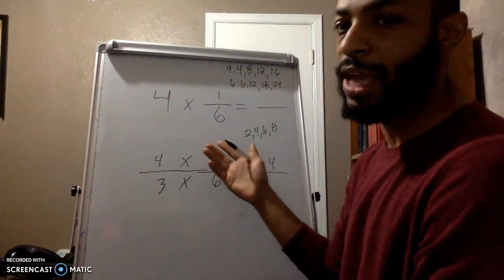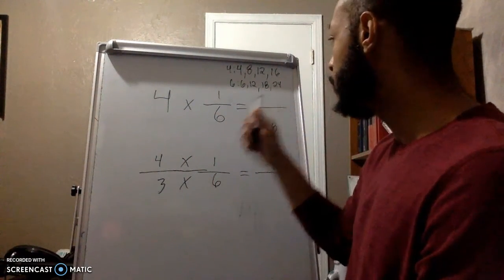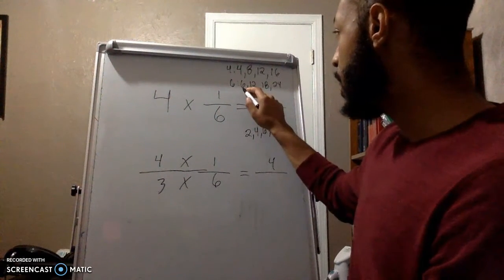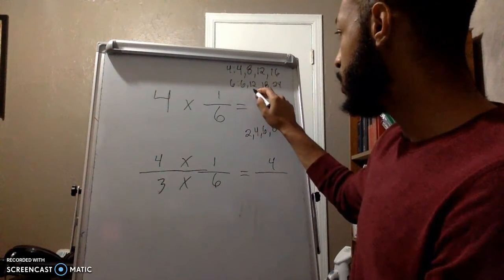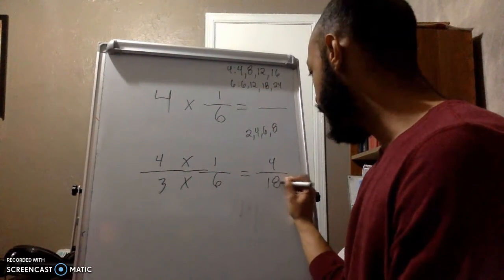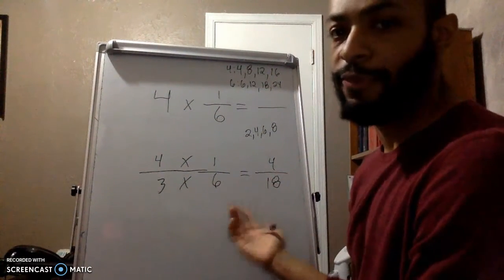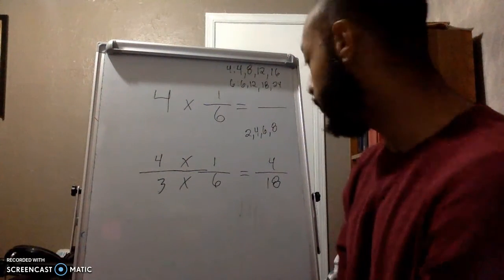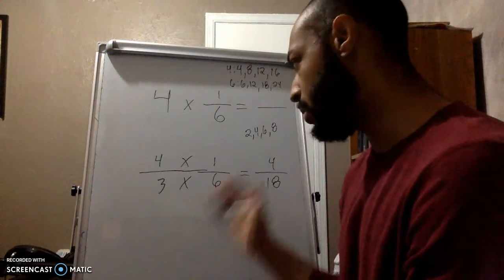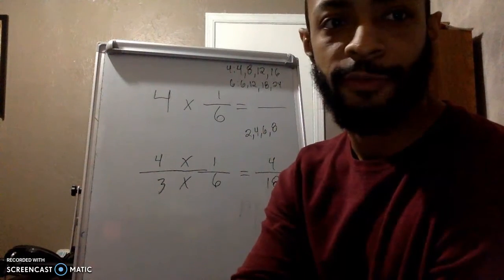Our original problem didn't have us do that, so we didn't have to, but we can do 3 times 6, count 6 once, 6 plus another 6 is 12, plus another 6 is 18. We do that, and then we could simplify it, so on and so forth if need be. But our original problem didn't have us do that, so I'll just leave it like that for the time being.